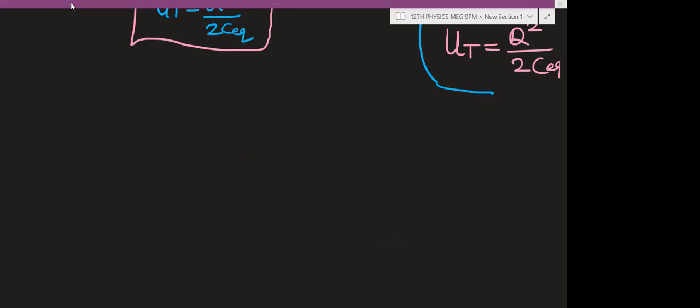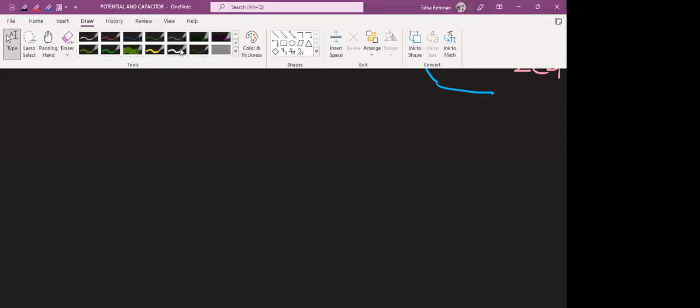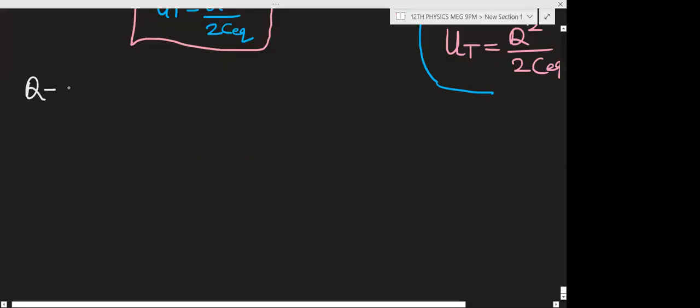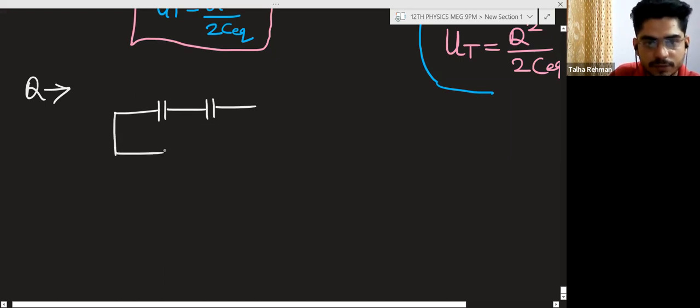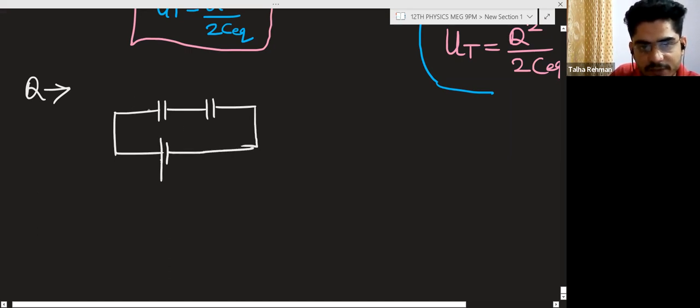So this is the last question, and after that we will discontinue this class. Here two capacitors are connected in series. See, the series combination is like this: this is one wire.